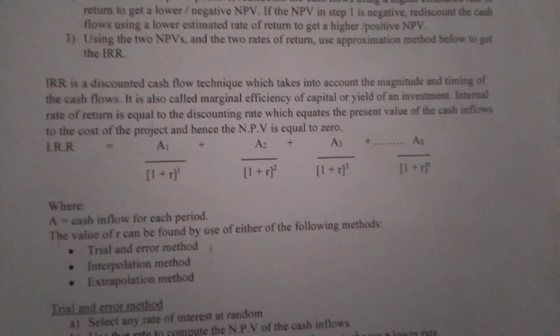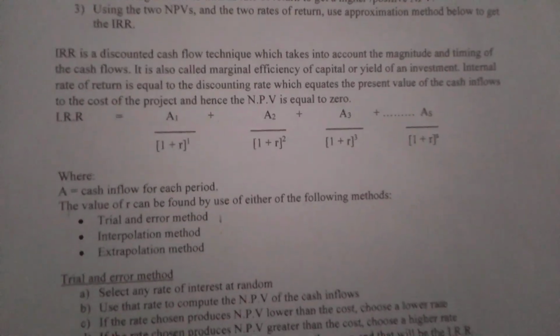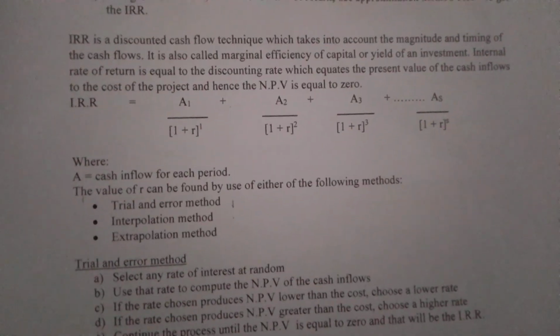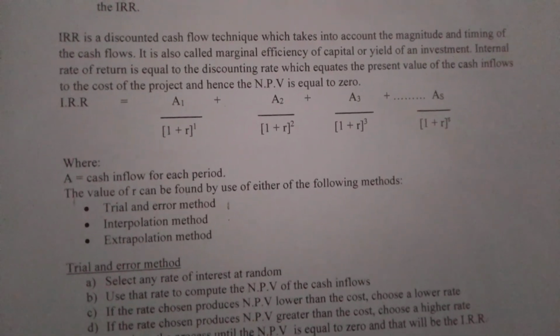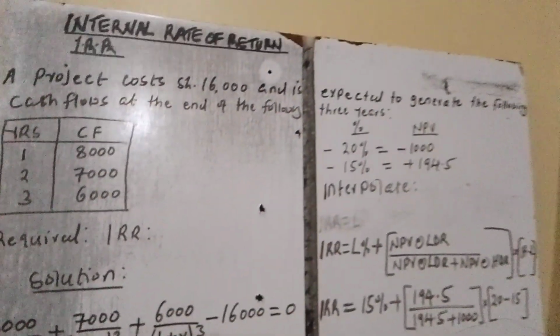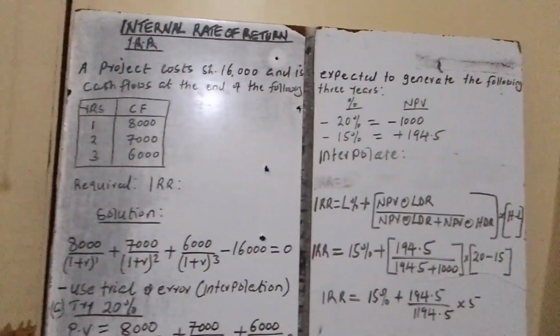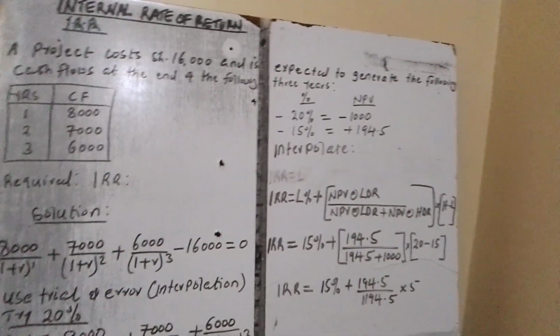Now let me go back to that illustration. IRR is equal to A1 over 1 plus R raised to 1 plus A2, like what is appearing on the board. If you look at the example which we have on the board, we are coming back to that illustration.